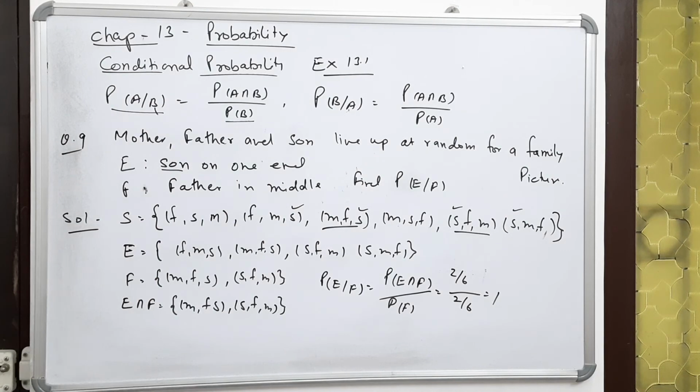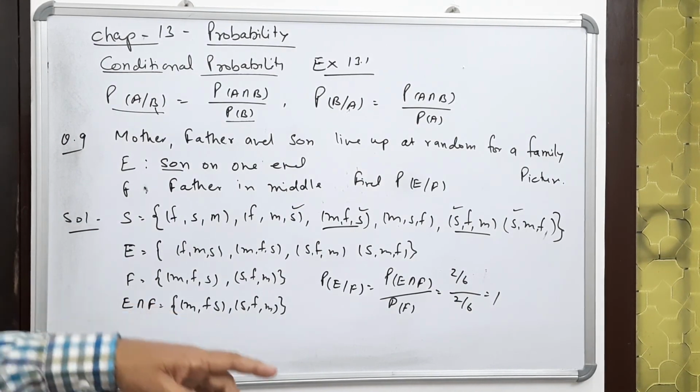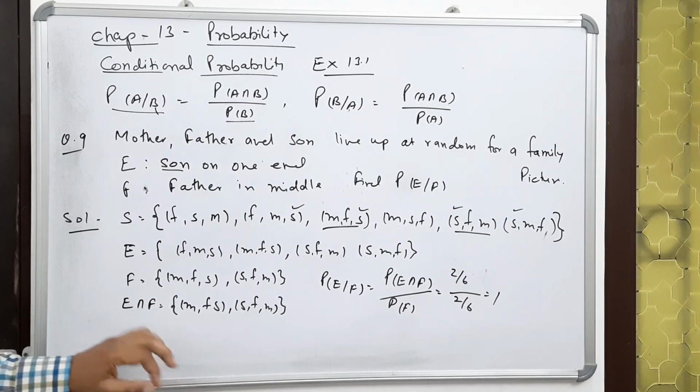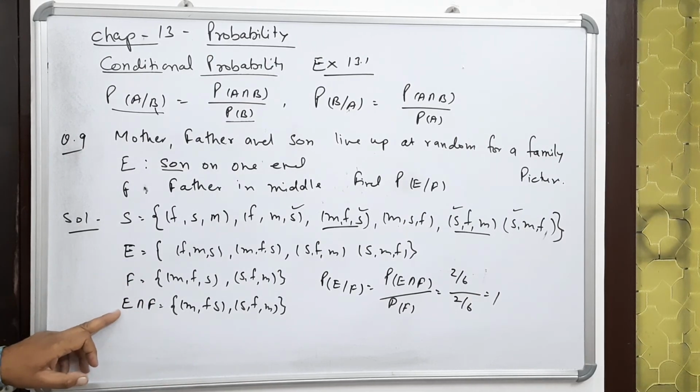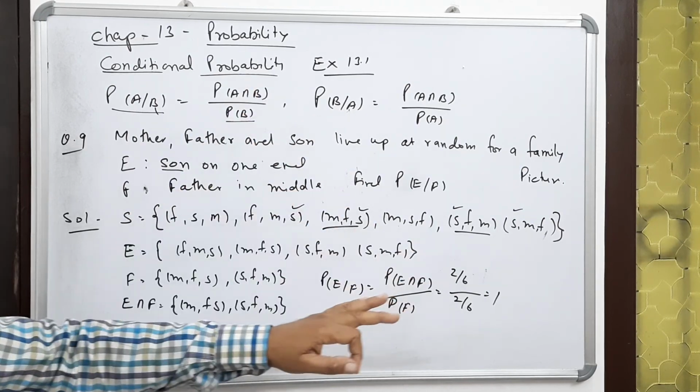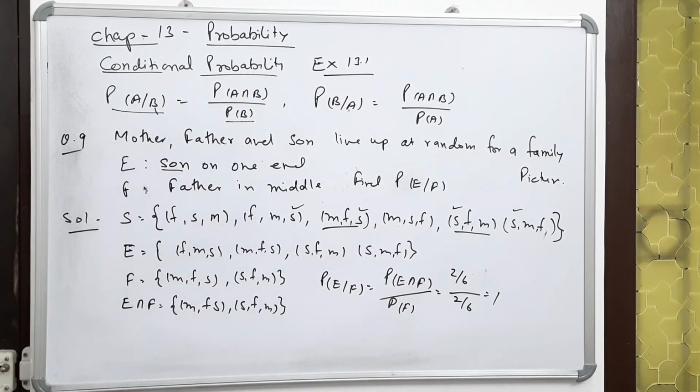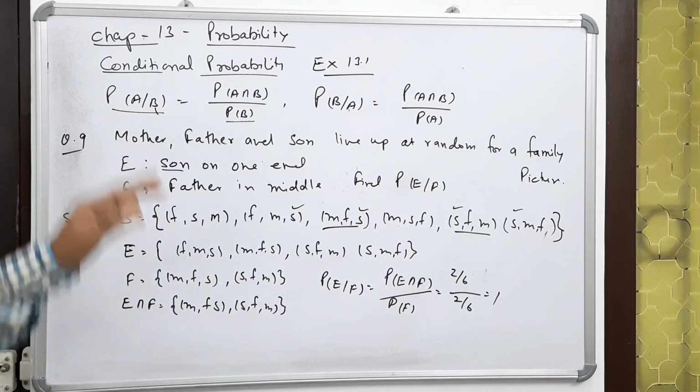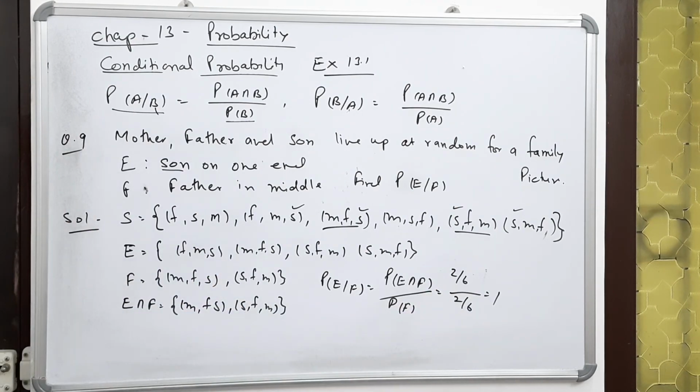So what will be the answer here? The answer will be 1. Because if it is given here, then the probability is 100%. If it is given in the sum that the father is in the middle, then definitely the son will be at one end. That is sure, 100%. So this type of event is known as a certain event. You already read about the certain event.